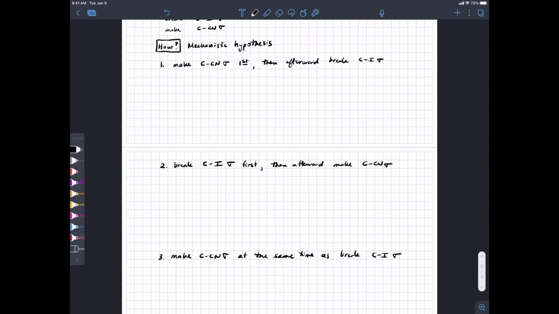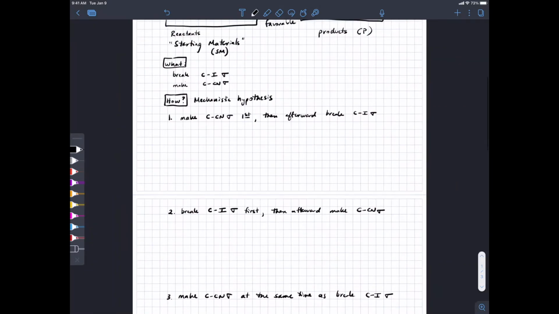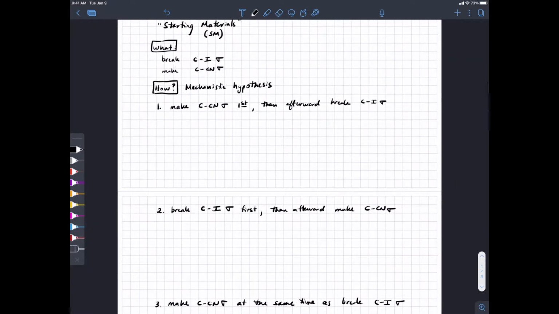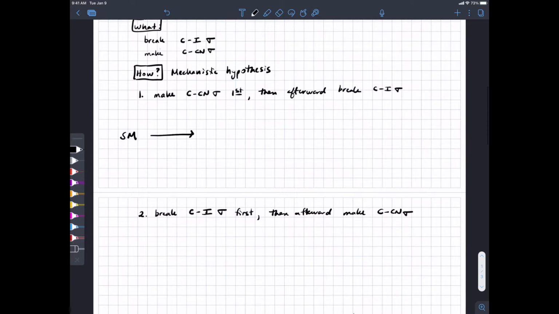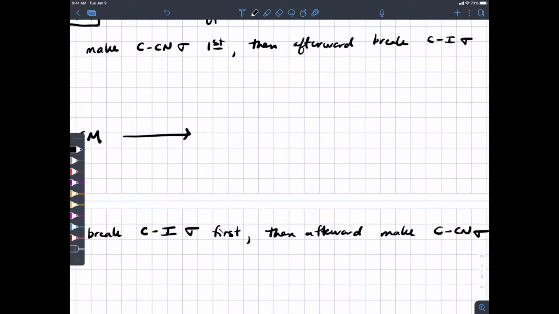So now let's sort of think about how this process would occur and what the intermediates would look like. So I'm not gonna redraw the starting materials in these mechanisms. I'm just gonna say starting material. If we made the carbon cyanide bond first, you might expect to get something like this as an intermediate.